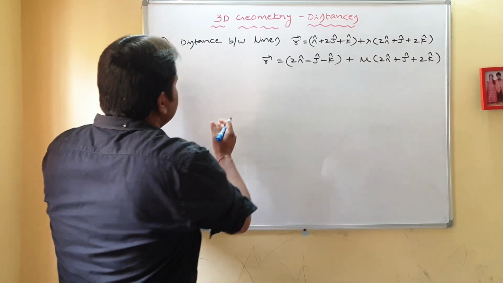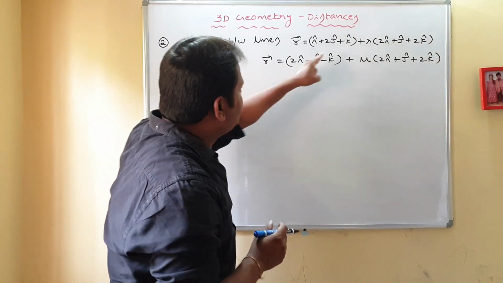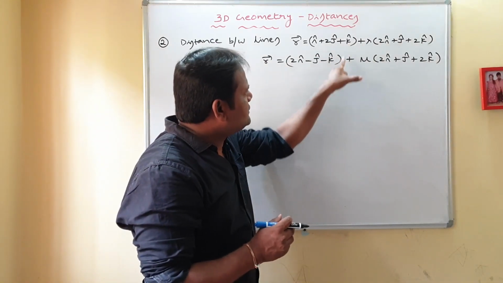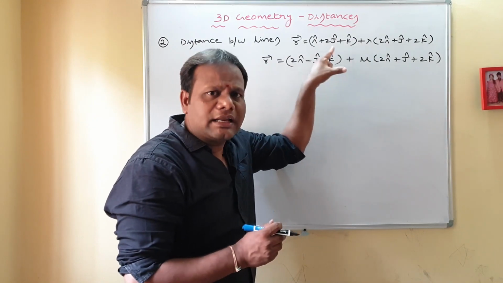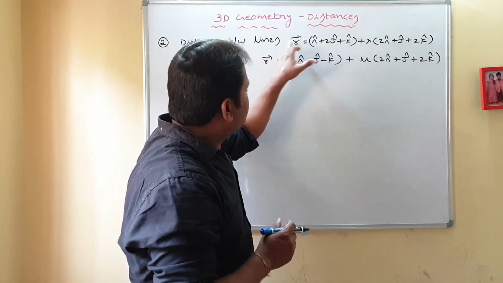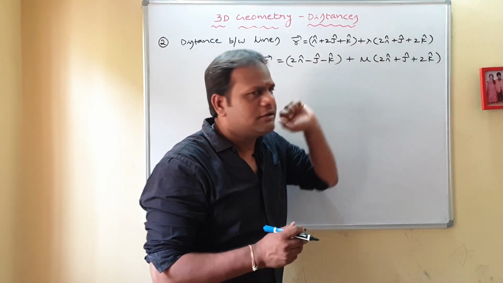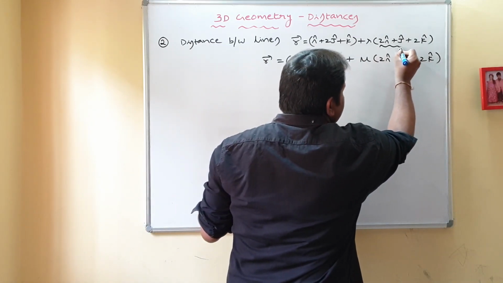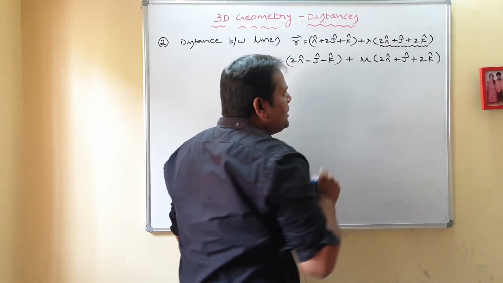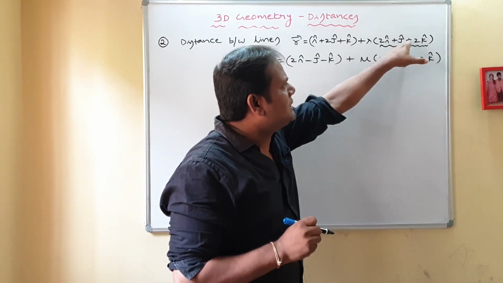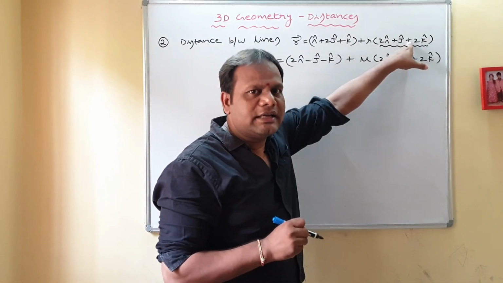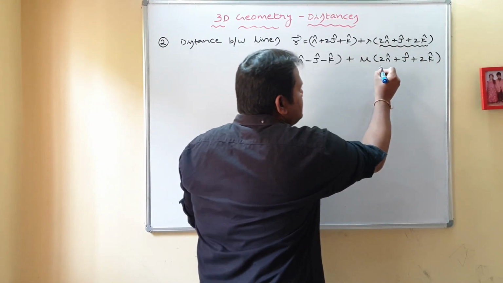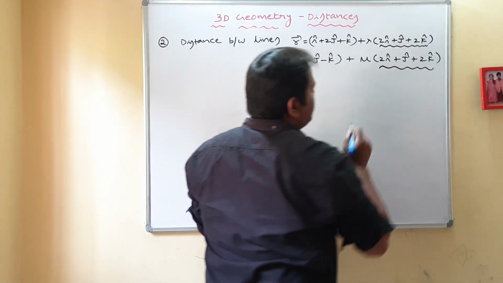See, coming to this, you have to find a distance between two lines. Once you observe the two lines, they are in vector form, r bar equal to a bar plus t b bar. See here, this represents b bar vector, that is the DRs of the line, right? And also this represents the DRs of the line.